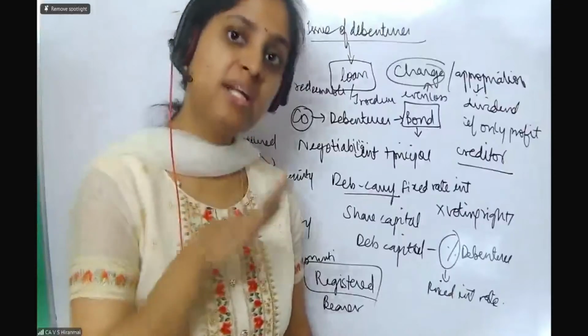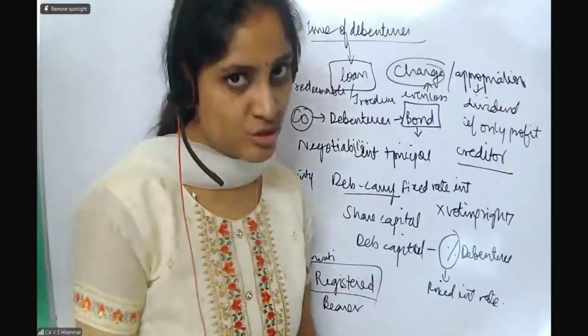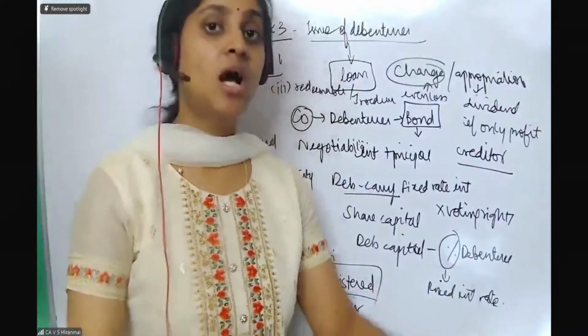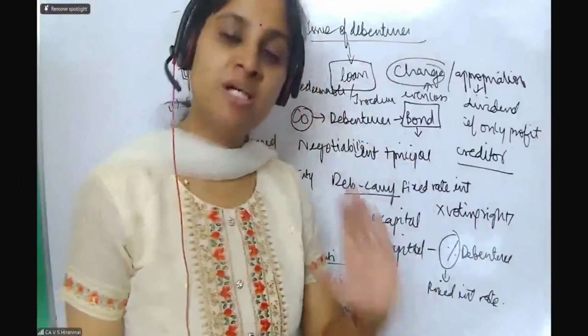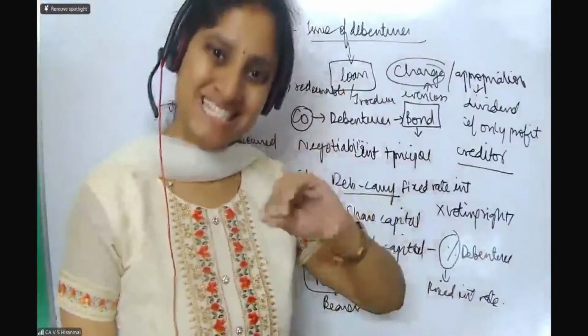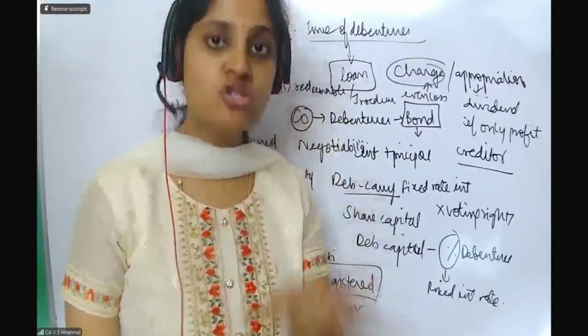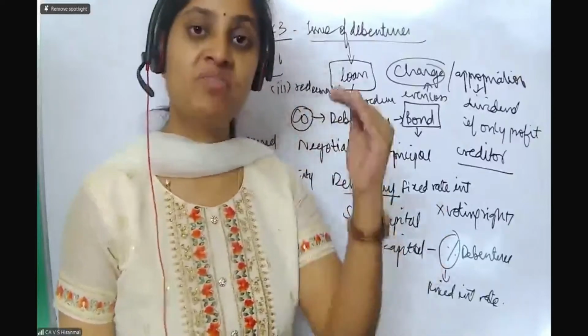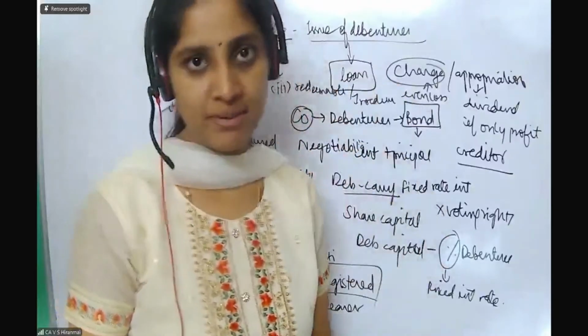So if your details are entered and if the company is issuing a registered debenture, then that particular person who is registered as the debenture holder with the company, with his details mentioned in the register, only will be eligible to get the interest. He is the only person authorized to receive back the capital.